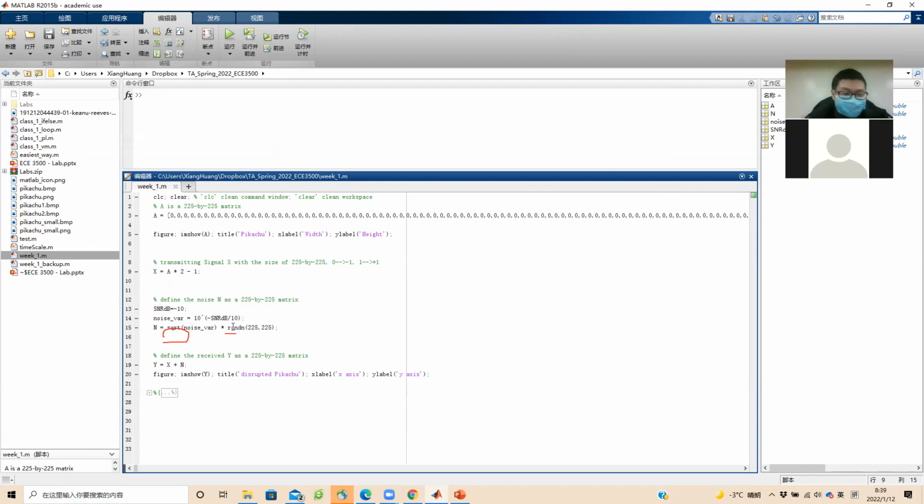So how to recover Pikachu from this strongly disrupted picture? There is an easiest way to do that. Can you think about it?